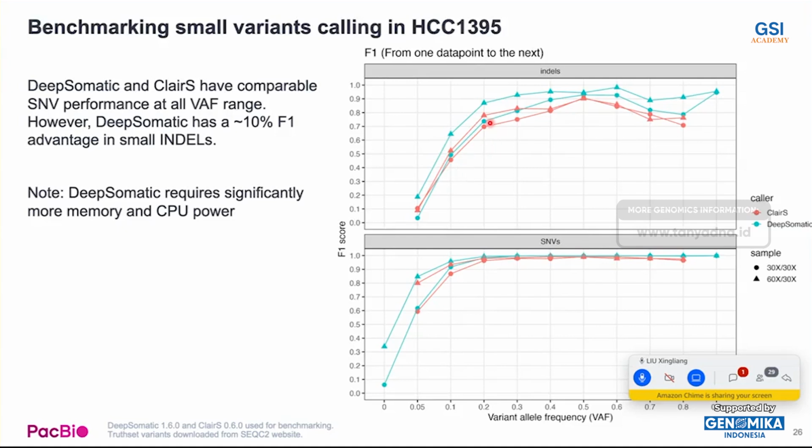For indels, calling is a bit more challenging, but using DeepSomatic and 60x tumor samples, we can still achieve over 60% F1 score. And for those more abundant indels, we can easily maintain over 80% F1 score, or even 90% F1 score, if you're using DeepSomatic and 60x tumor samples.